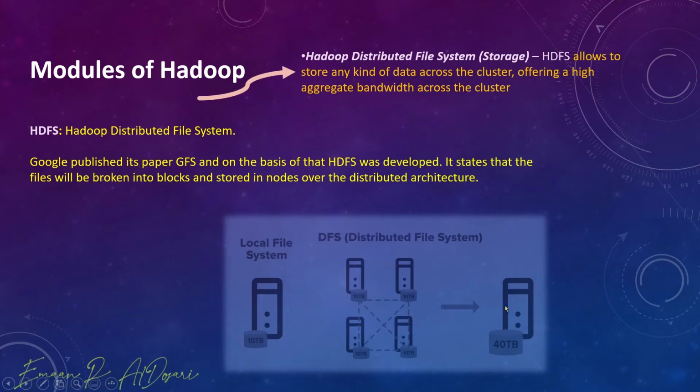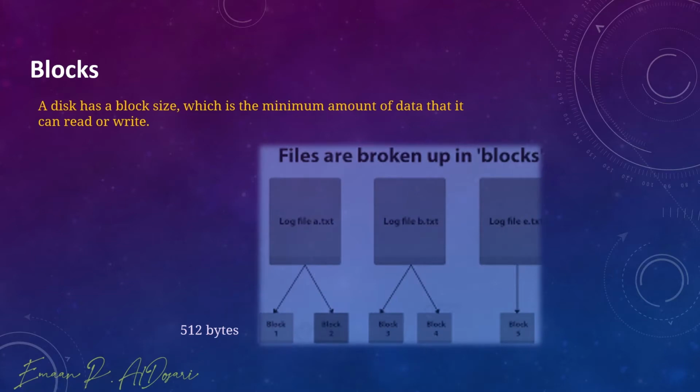A file system for a single disk is built by dealing with the data in blocks. So our disk is divided into many disks, and each disk contains many file systems, and each file system is divided into many blocks, where disk blocks are normally like 512 bytes.